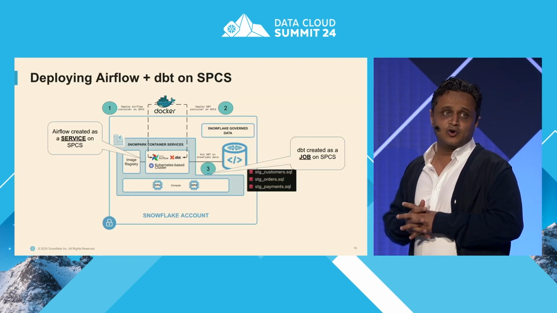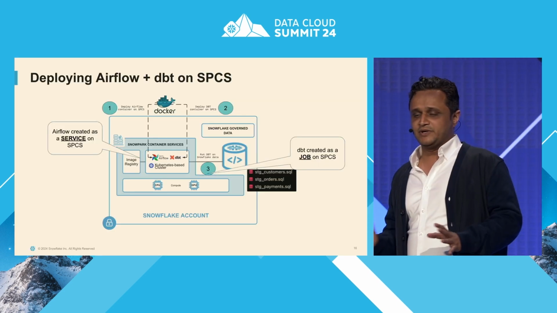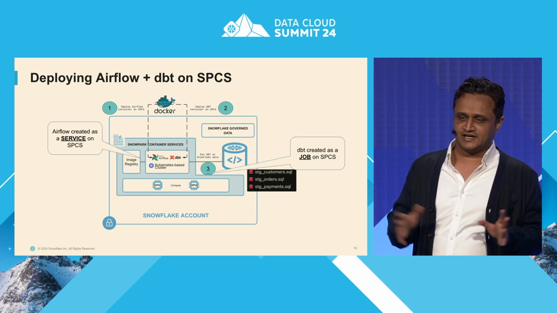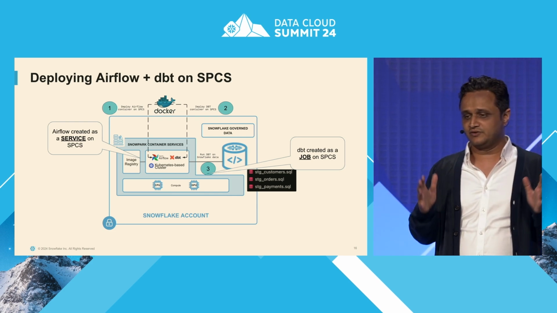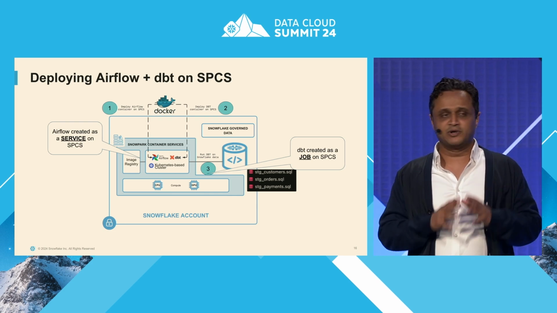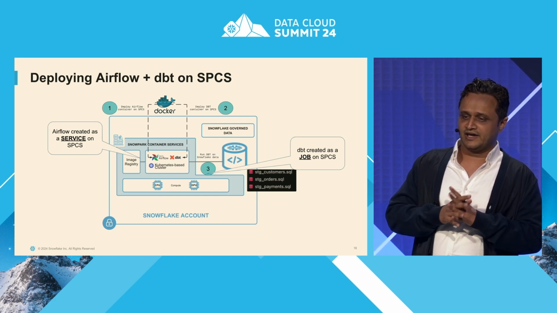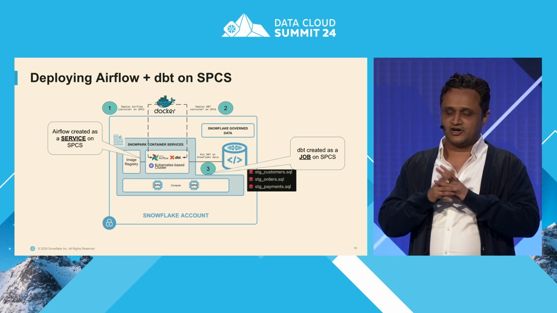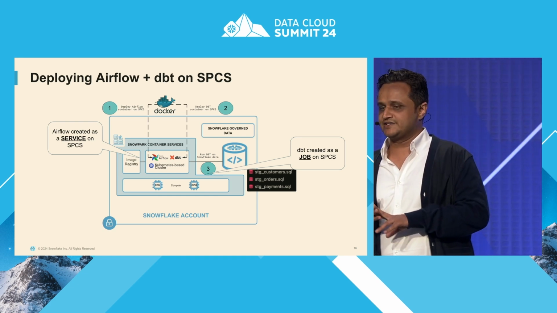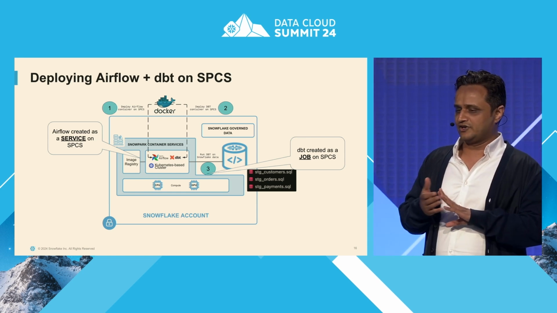So when you're deploying Airflow and DBT on SPCS, we do this in 3 steps. Number 1 is you deploy the Airflow container on SPCS. Number 2 is you deploy the DBT container on SPCS.